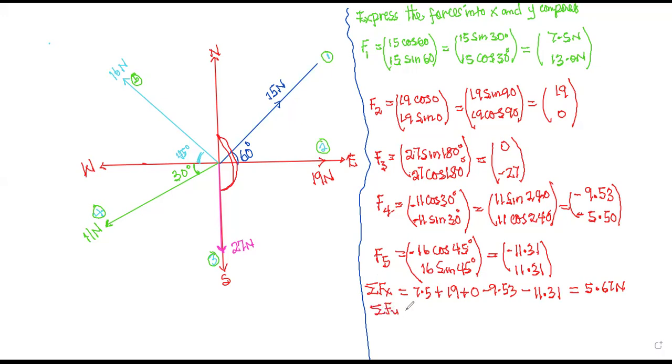Then for y: 13 plus 0 minus 27 minus 5.50 plus 11.31. What's the total? Is it negative 7.69?